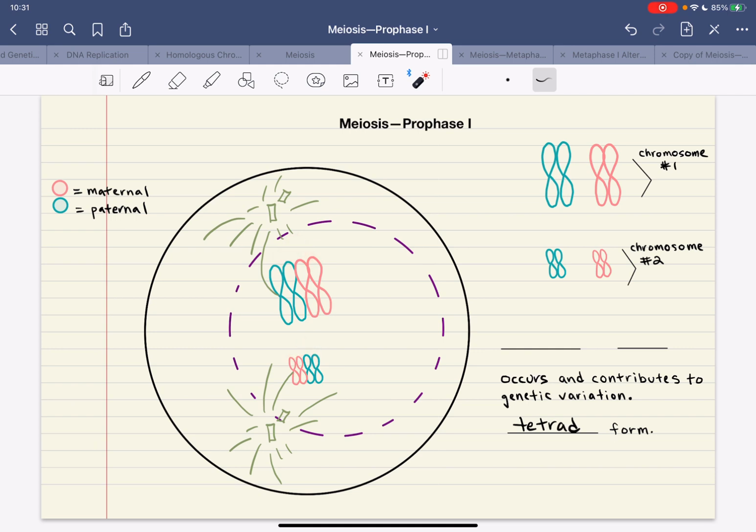Now if we were talking about humans, you would have 23 tetrads, just like this. Never, at any other point in your life, in any of your cells, do homologous chromosomes physically associate with one another. They're usually doing their own thing in different parts of the nucleus. This is the only time that the 2 chromosomes come together.